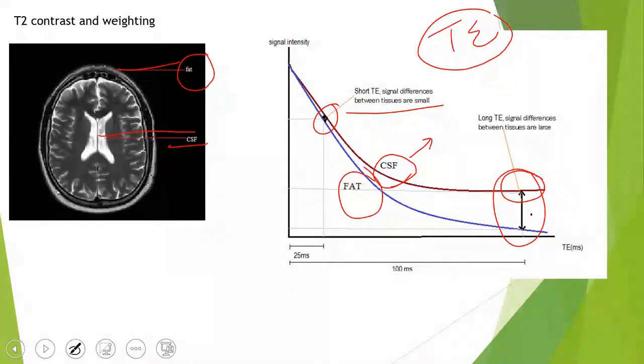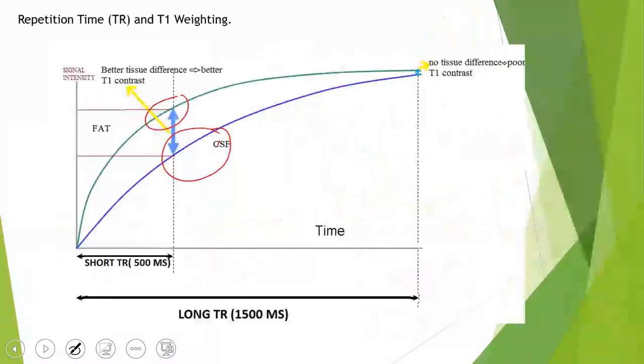If I choose a long echo time, then I must also choose a long repetition time, TR. Now, why do I also choose a long TR in the T2 sequence? The reason is that you choose a long TR so that at this time, the longitudinal components return to be equal.